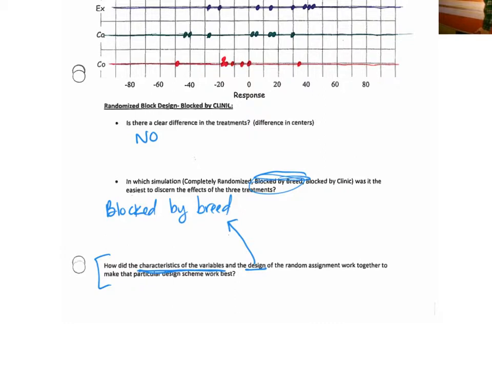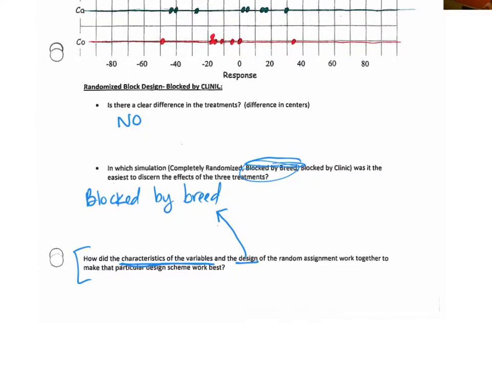The only thing I can think of in hindsight that I wanted to stress is that with the blocking by breed, you could see a clear center. And the main thing is that the variability was greatly what?